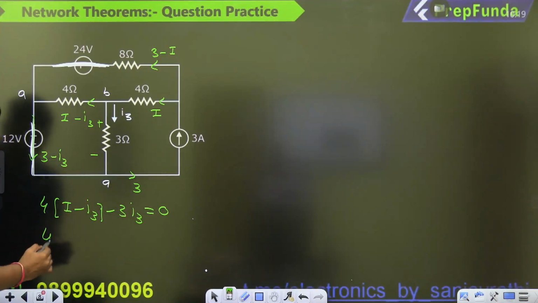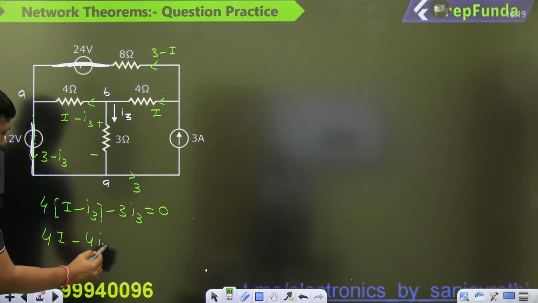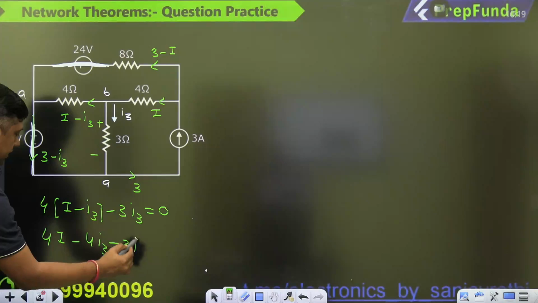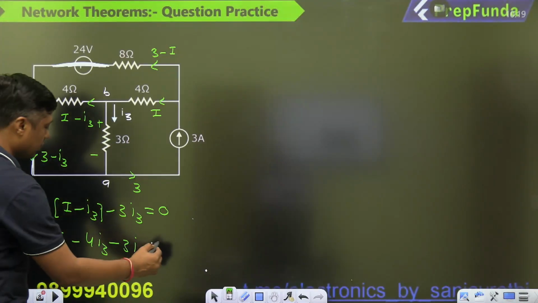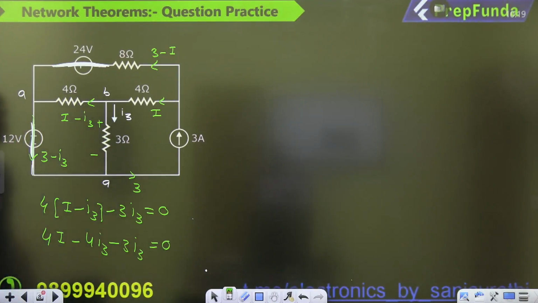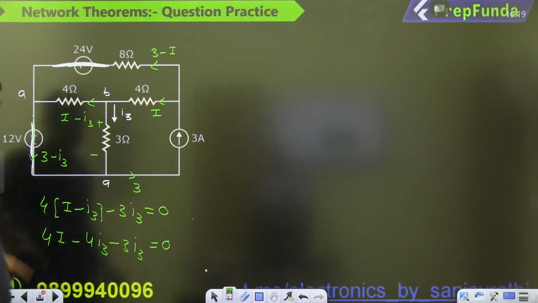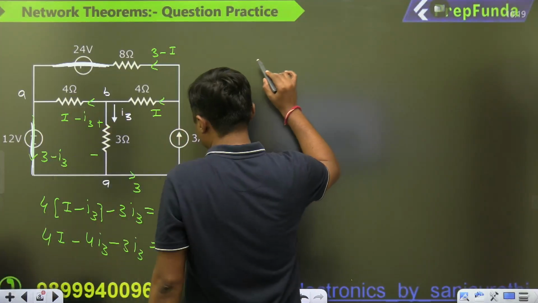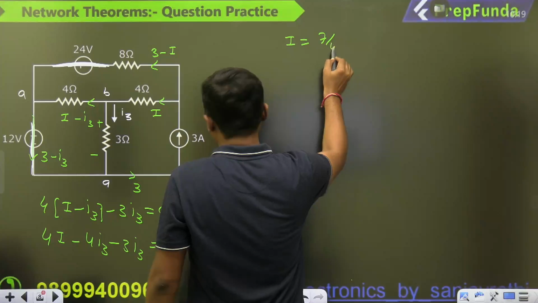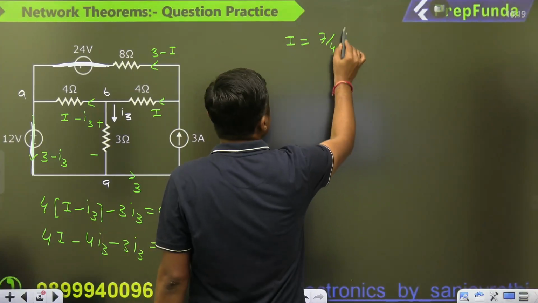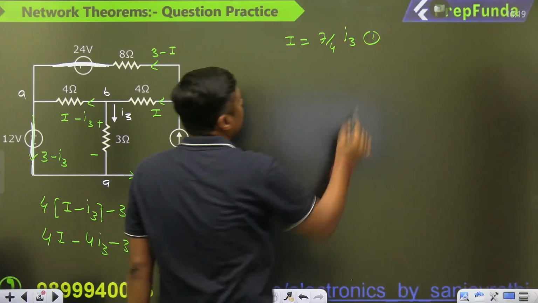Then it will become 4I minus 4I3 minus 3I3, that is 7I3, is equal to 0, and you will get the relation: I is equal to 7 by 4 times of I3.